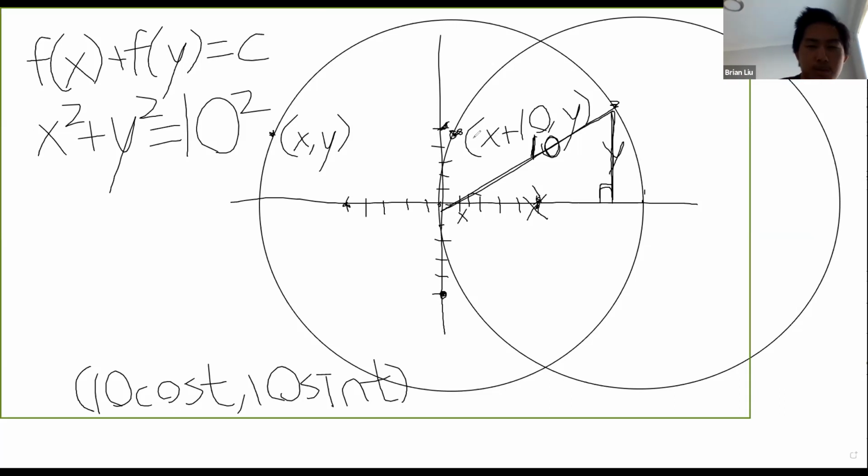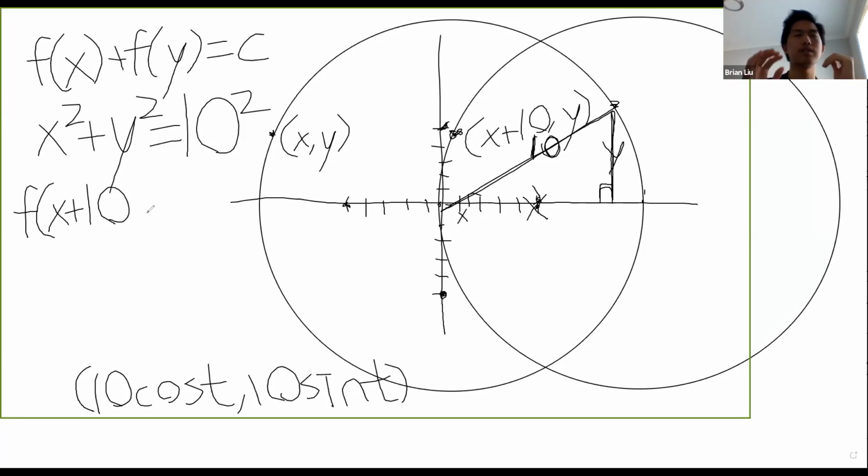Well, we can write x in terms of x plus 10. So now we want to center everything around x plus 10. We want to write everything in terms of x plus 10 instead of x. So instead of f of x, we write f of x plus 10. But we know that f of x satisfies this equation, and we don't know anything about f of x plus 10 yet.